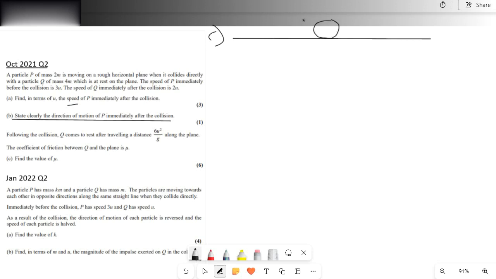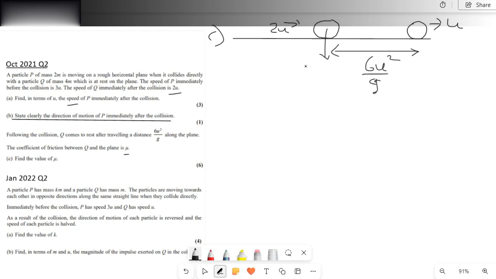We know that the initial velocity, rather the final velocity of Q, was 2u, so this is 2u, and at a point, it comes to rest after travelling a distance of 6u squared by g along the plane, and we know that the coefficient of friction is mu, and this should be the weight, which is mass into gravitational field strength, which is mg.